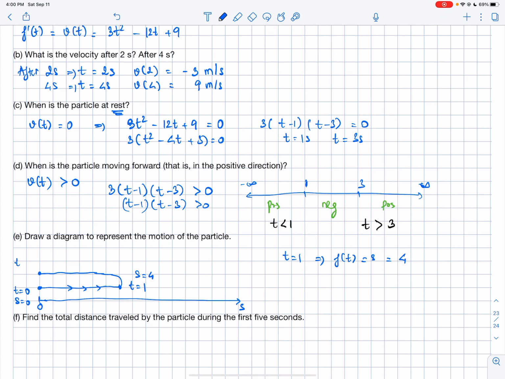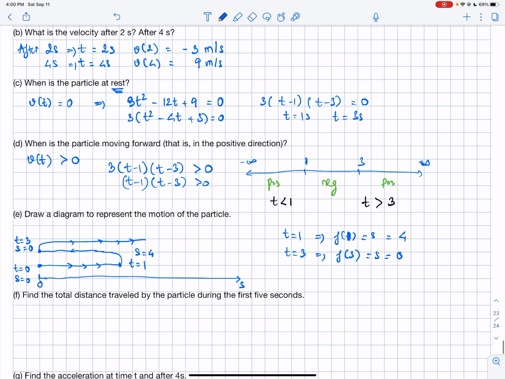So right here is t equal to 3. When we plug in t equal to 3, then f of 3, which is s, you will get the answer 0. So we have right here 0. And starting from 3, it goes in the positive direction.